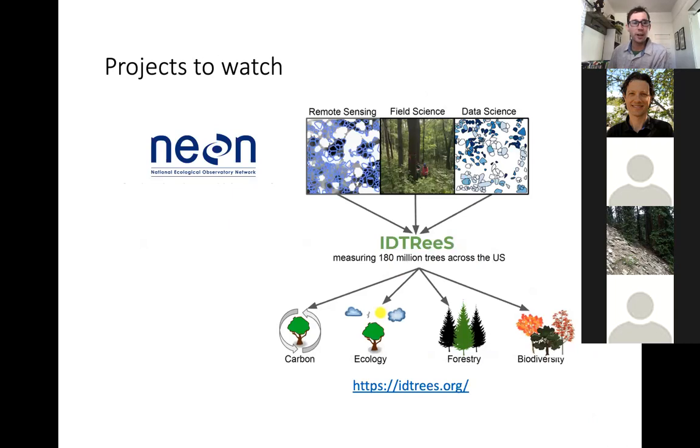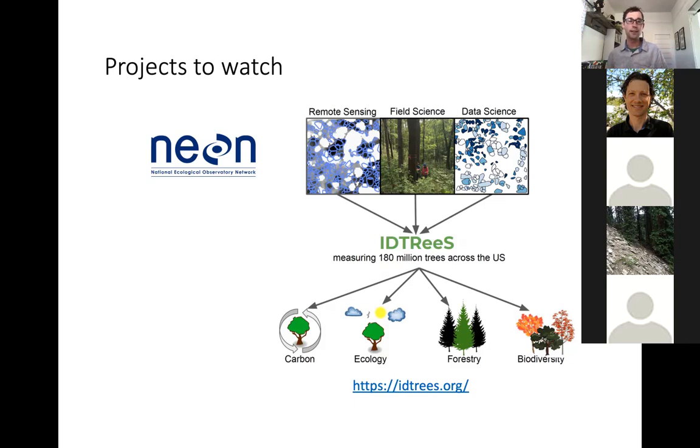The last one that I want to talk about is a project called IDTrees, and I think that's a really exciting project to develop scalable training data, field data, and remote sensing data for accelerating the development of algorithms for extracting environmental information from point clouds and from imagery.